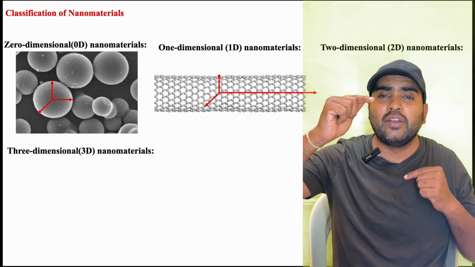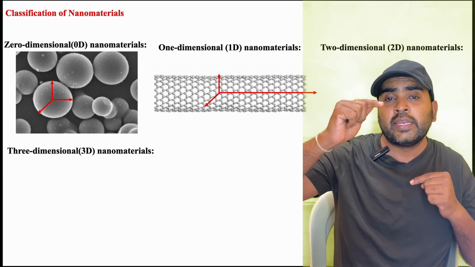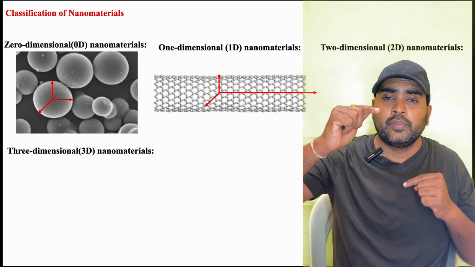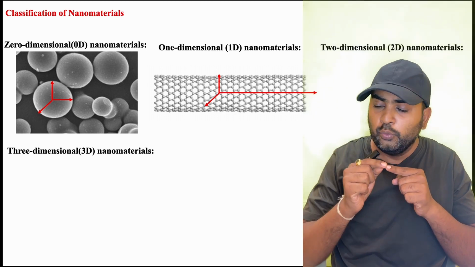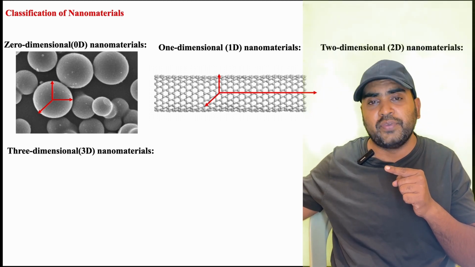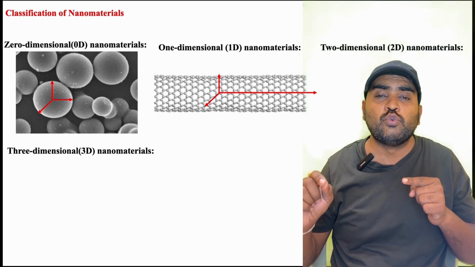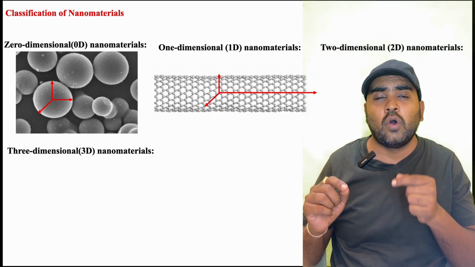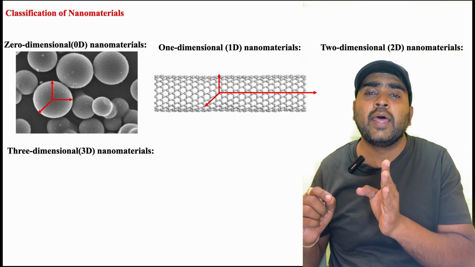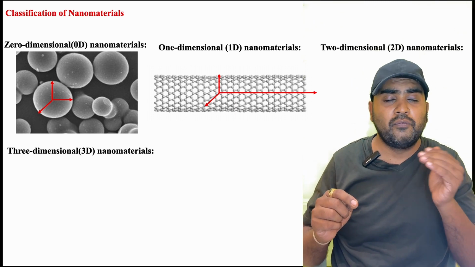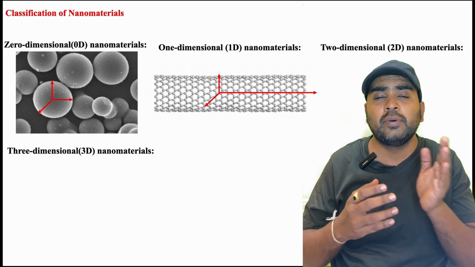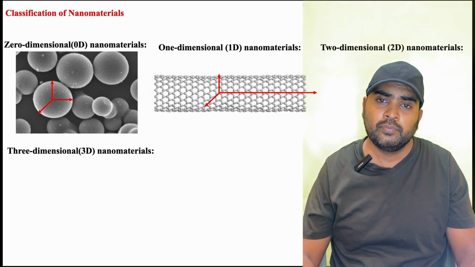That means y and z come under nanometer and nano phase, while the x-axis is out of the nano phase. That's why we got it as nanotube. For example, carbon nanotube. With the help of carbon, we produce carbon nanotubes.